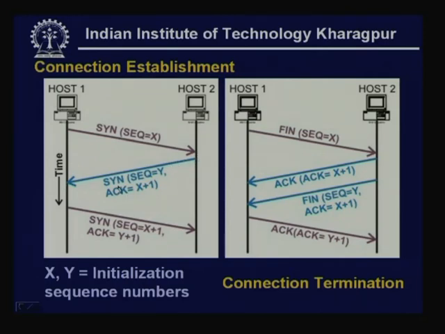That acknowledgement will have the SYN bit set, and it will provide the sequence number y and acknowledgement number x plus 1. You can see it is using one sequence number x, that means the next datagram that is expected will start with x plus 1 byte or octet.